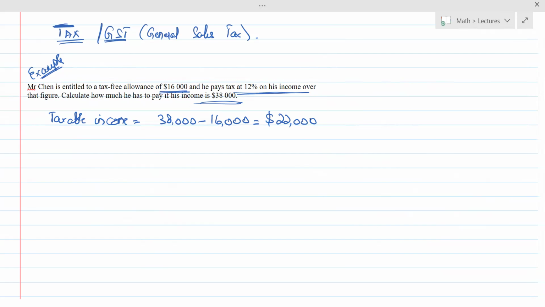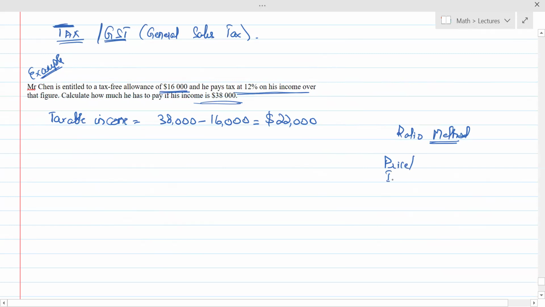So here again, we can use the ratio method, which is applied on lots of different applications of percentages. In the ratio method, you have price, or sometimes income, against the percentage.